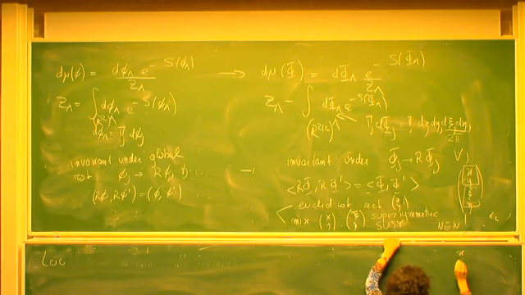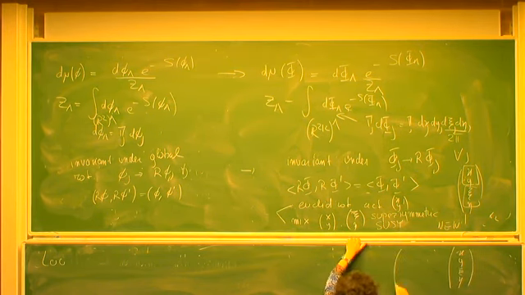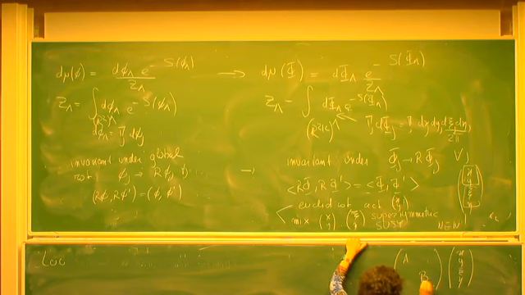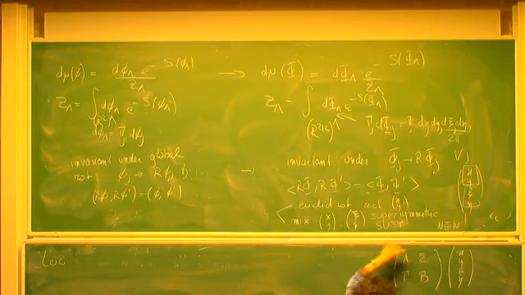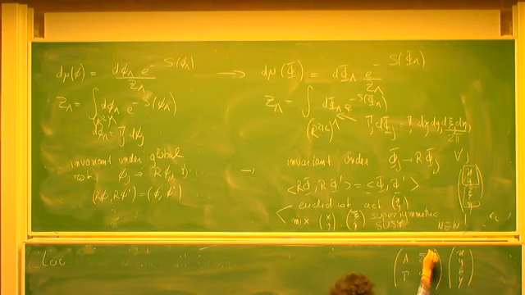Okay, so now I will certainly do a mess. So I have here a matrix, and I will break it into 4 blocks. This is a 2x2 block acting here, 2x2 block acting here, and this 2x2 block is acting here.